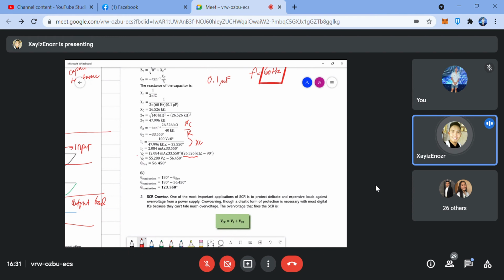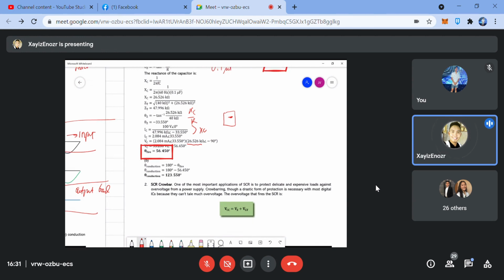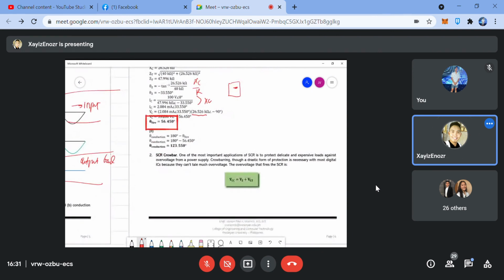So, bakit negative yung angle? Kasi naka-polar form to. Ibig sabihin lang ang indication ng negative dyan is kung lagging or leading yung parameter mo. Since lagging voltage siya, kaya negative. Pero ang hinahanap lang naman is yung magnitude ng angle or yung magnitude ng firing delay angle. Kaya nakalagay dito is 56.450 degrees.